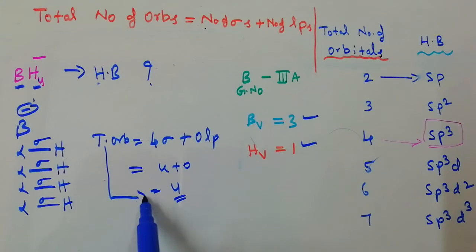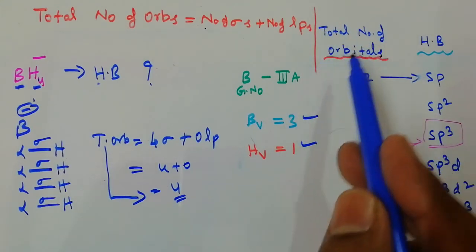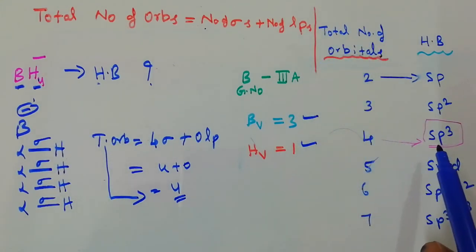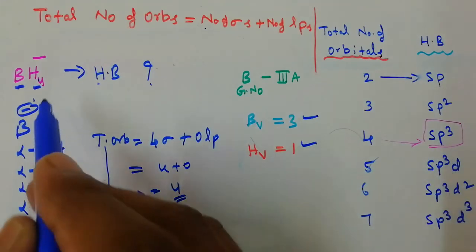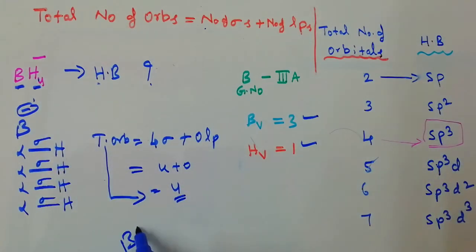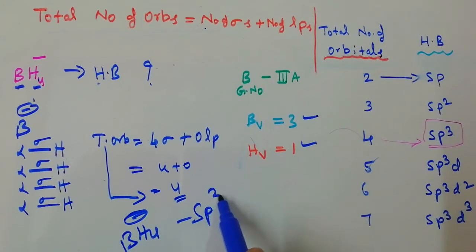Total number of orbitals we got is 4. Total number of orbitals 4 means what is the hybridization? Again it is sp3 hybridization. That means BH4 minus undergoes sp3 hybridization. It is very simple. You can apply it for any of the charged particles, whether it is a charged molecule, whether it is a negative charge or positive charge.